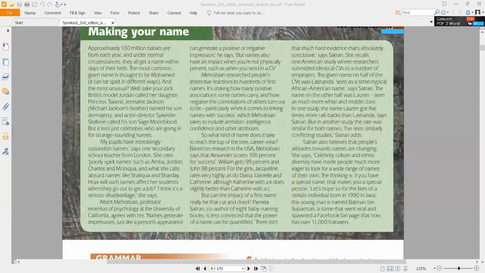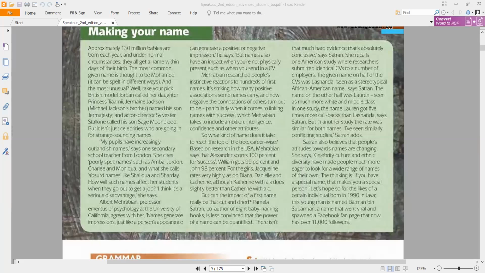There isn't that much hard evidence that is absolutely conclusive, says Saturn. She recalls one American study where researchers submitted identical CVs to a number of employers.